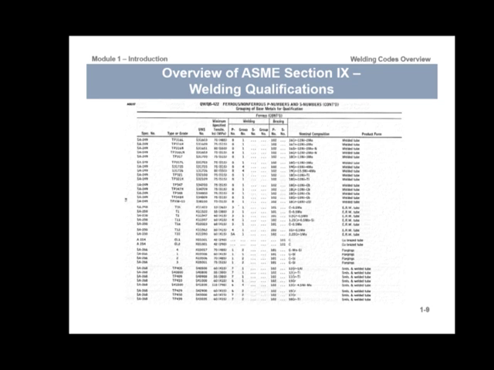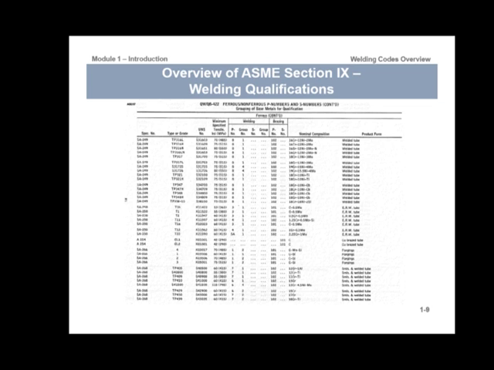So if we're doing some kind of project where impact testing was required and I did P8 group 4 to P1 group 2, I would only get P8 group 4 materials welded to P1 group 2 materials. So it just breaks it down a little further. The group number divides materials up into their ability to withstand impact. So that's where you're going with that.